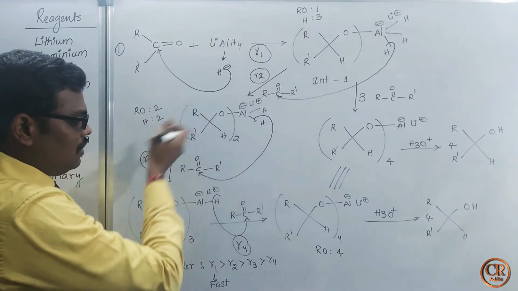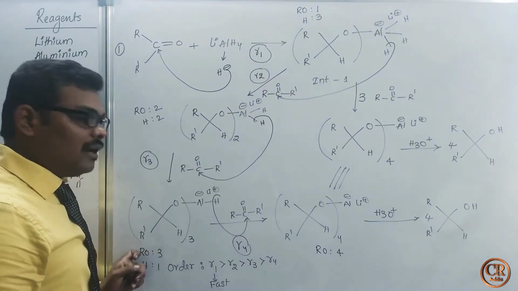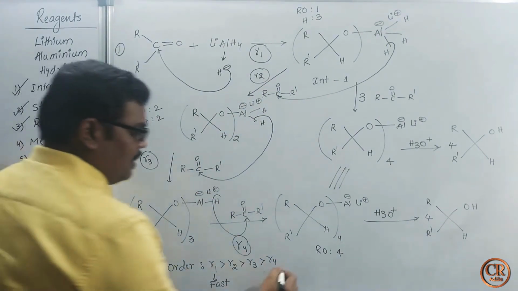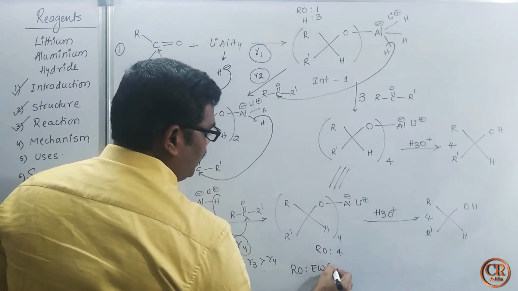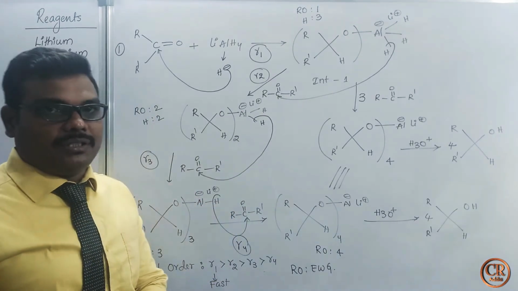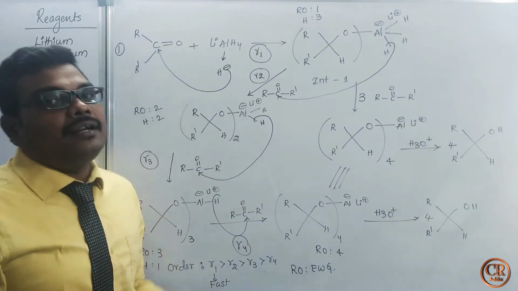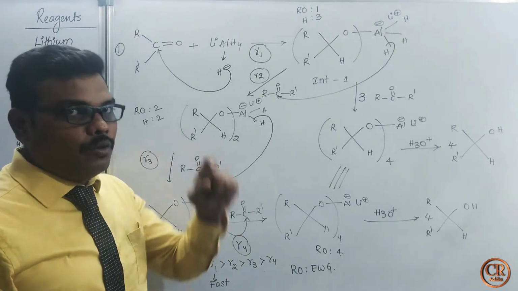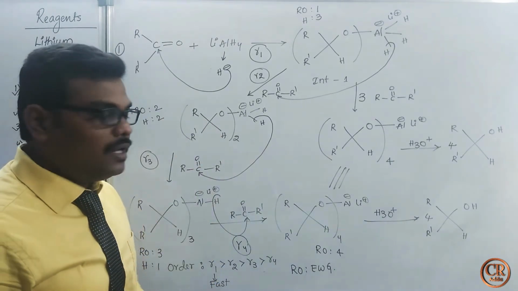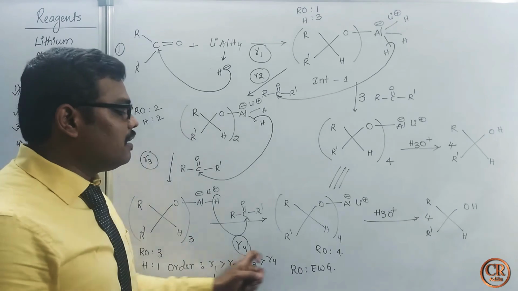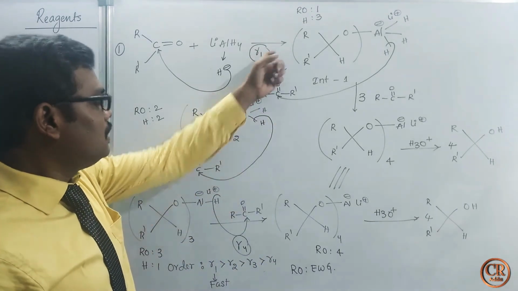So from here to here the number of alkoxy groups increases. Here the alkoxy group is an electron withdrawing group. This electron withdrawing group inhibits the transfer of hydride from aluminium to the positively charged carbon of the carbonyl compound. So that's why the rate decreases from here to here.